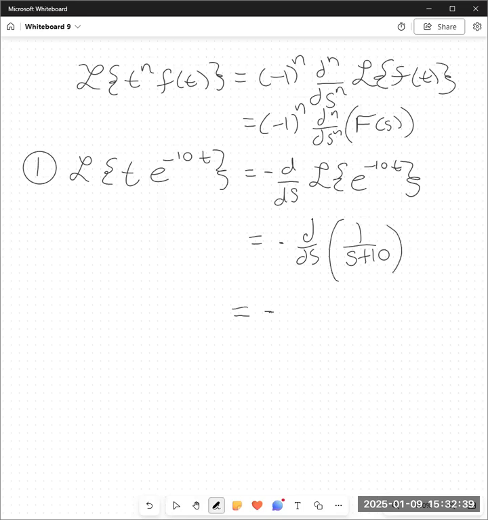So that's going to be a negative, and then we have s plus 10 to the negative first. So that is a negative 1 over s plus 10 squared. So the negatives will cancel each other out and give me a positive 1 over s plus 10 squared.